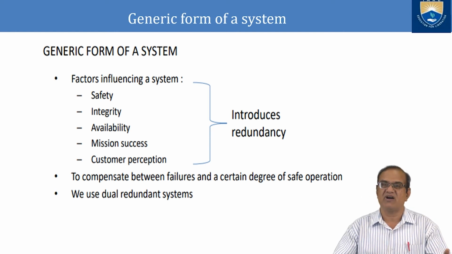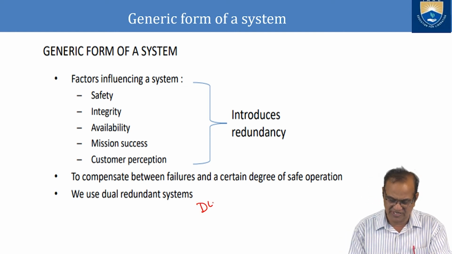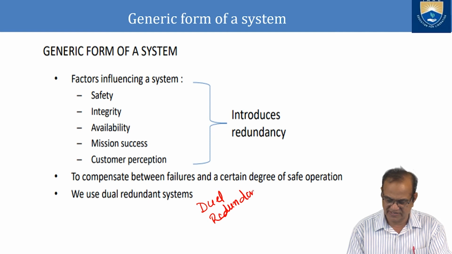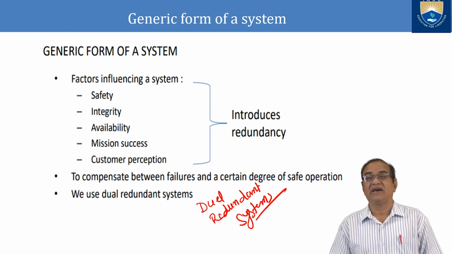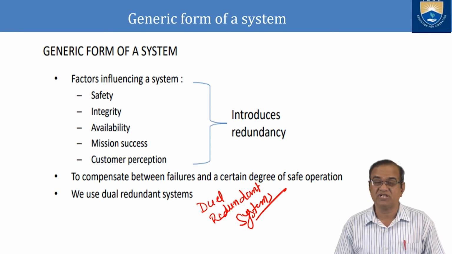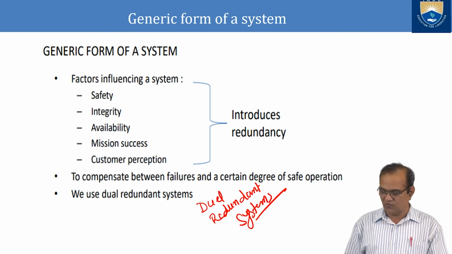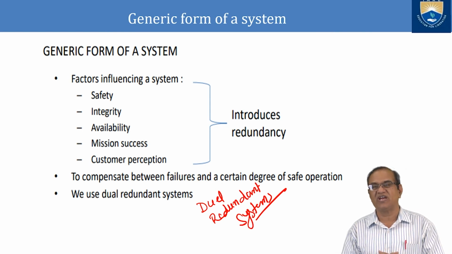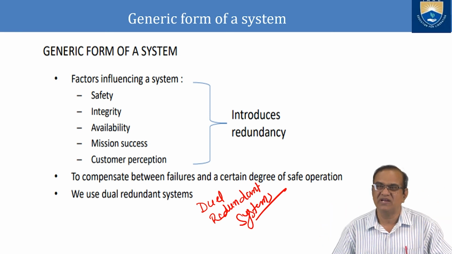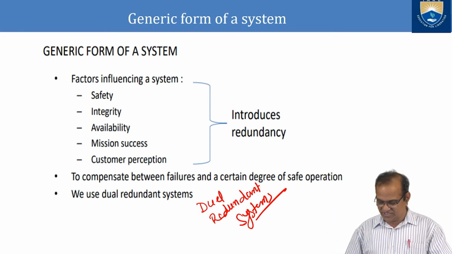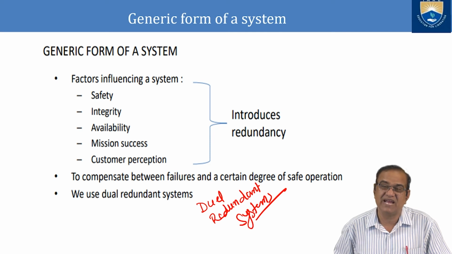So at minimum in aircraft, we should have dual redundant systems. We have to make sure that our system works. If one system fails, another should take over and your system should operate continuously. So redundancy of the aircraft should be maintained at all cost.